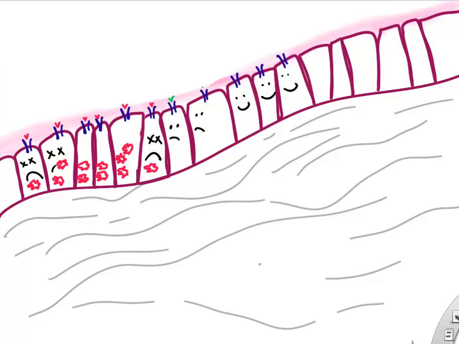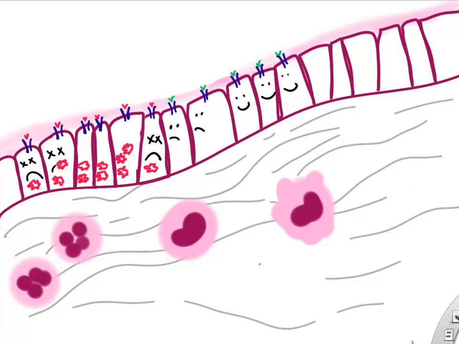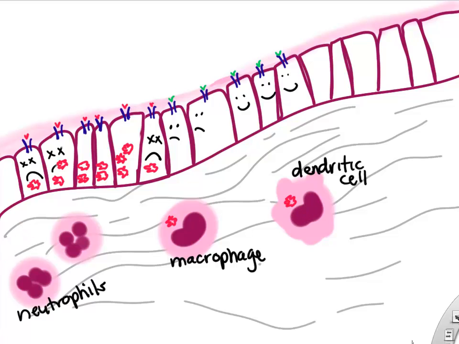One thing to consider is, how do we know which cells are infected by a virus? Well, luckily, your little cells place viral particles or markers on their cell surface. Normal cells would not do that. Also, our nonspecific defenses are in there helping defend us: neutrophils, macrophages, and dendritic cells.